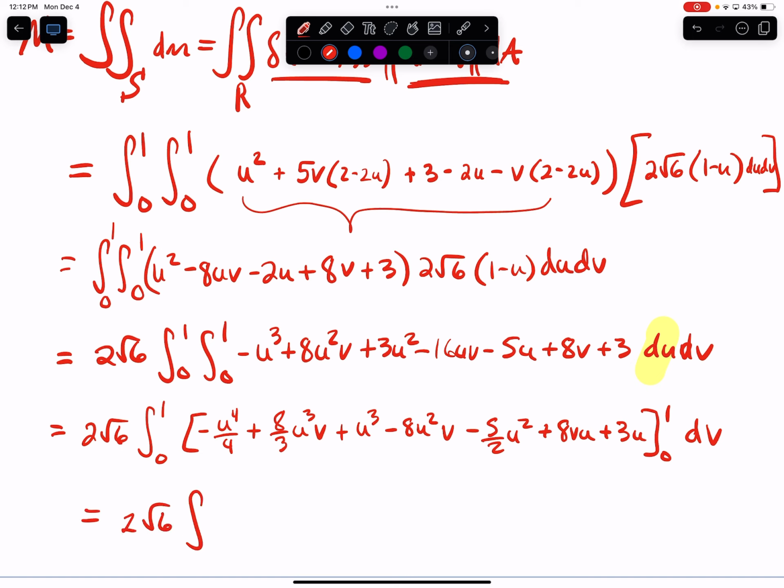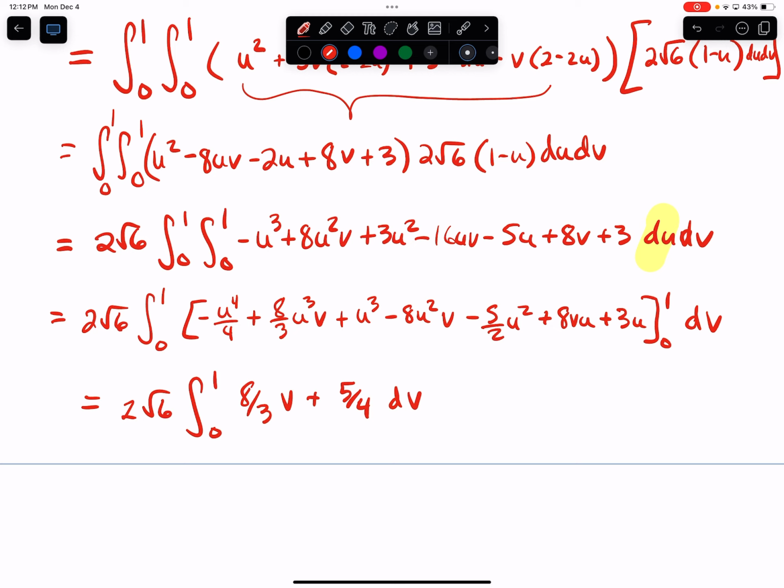Two square root 6, 0 to 1, 8/3 v plus 5/4 dv. A lot of math, algebra, to get that. Then if you integrate this, you get 31 square root 6 over 6 grams. Whatever that is.